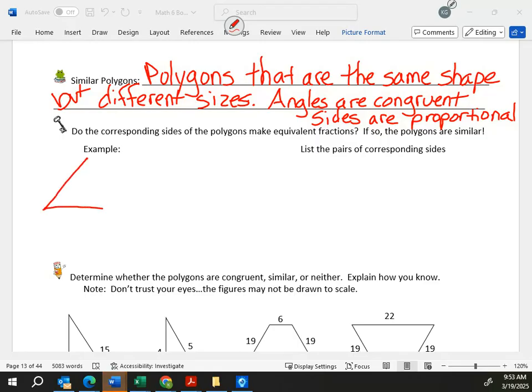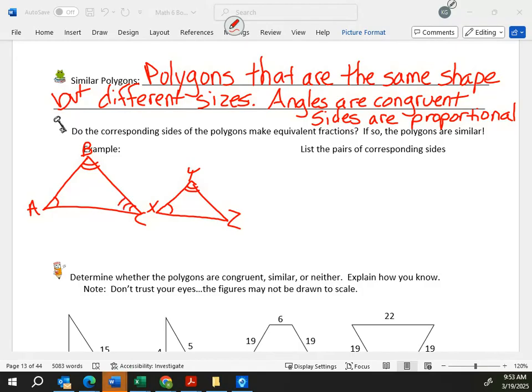An example would be these two triangles look to be the same angle measures, but one's big and one's shrunk down small. So I had A, B, C, X, Y, Z, I would have congruent marks matching up my angles.